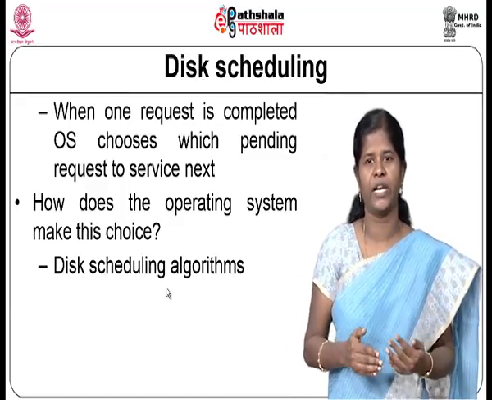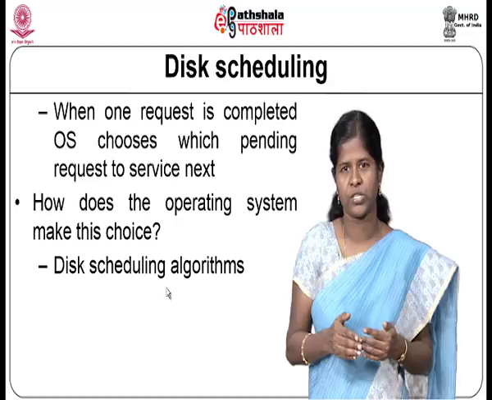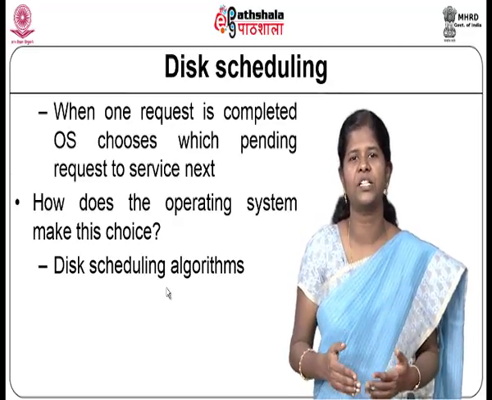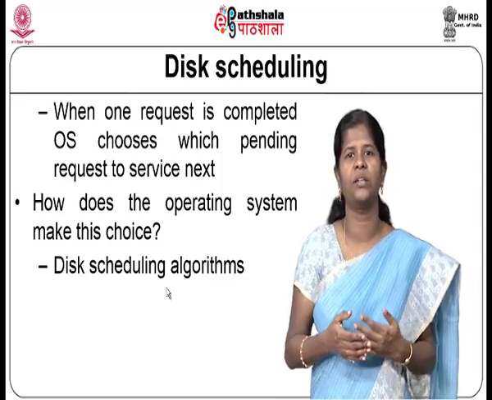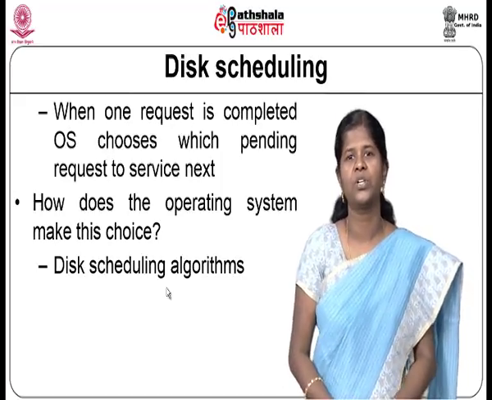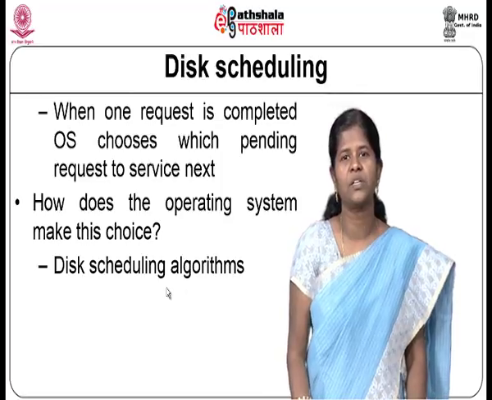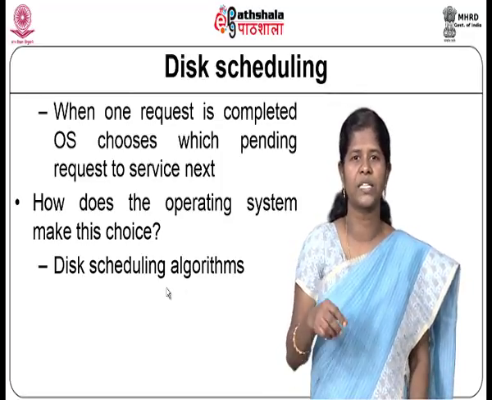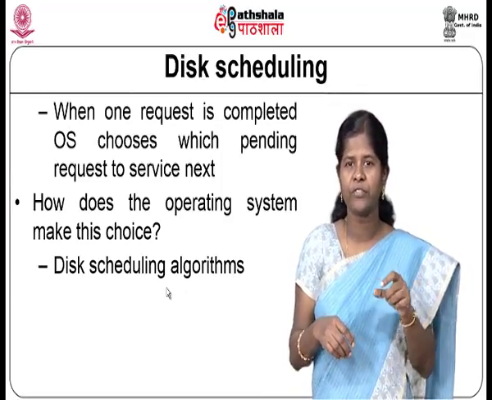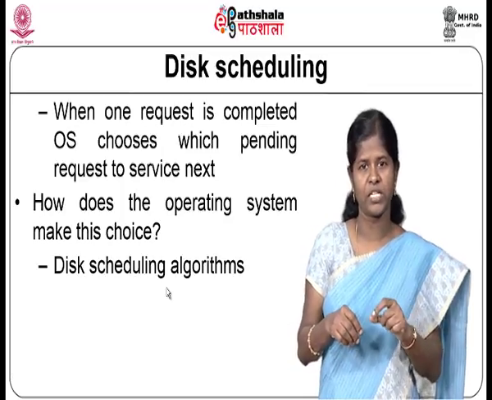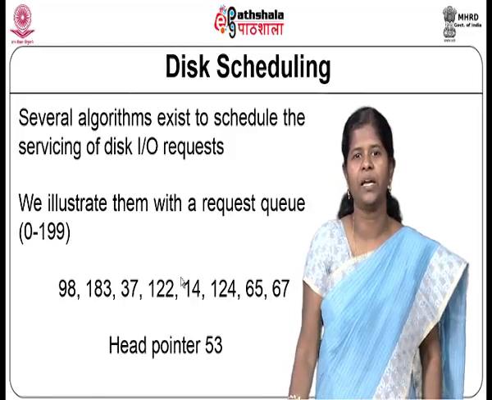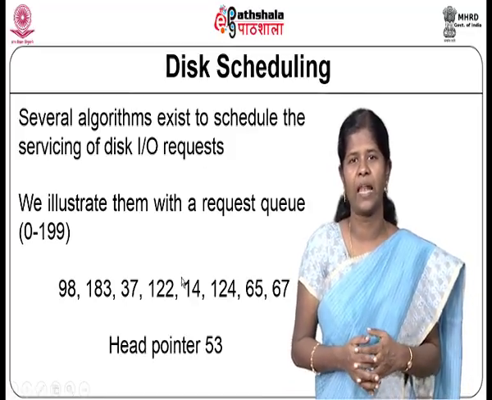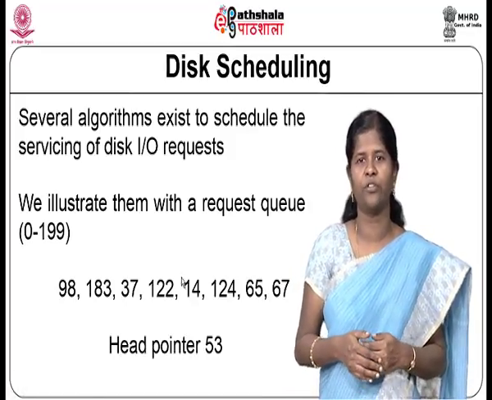How does the operating system make this choice? This is done in different ways by different algorithms, and these are called disk scheduling algorithms. The disk scheduling algorithms tell how the disk is being scheduled among the different processes that are waiting to use the disk.